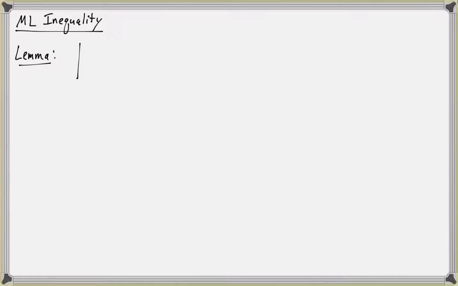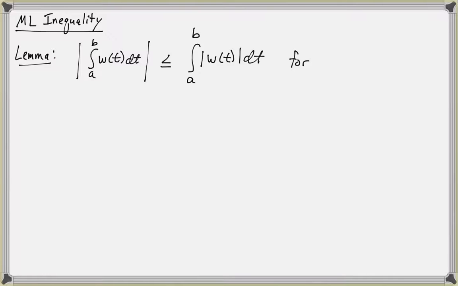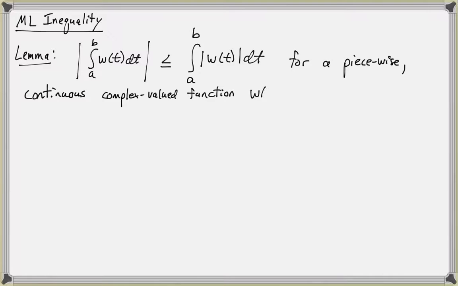So the lemma says that the absolute value of the integral of w(t) over the interval from a to b is less than or equal to the integral from a to b of the absolute value of w(t), where w(t) is a piecewise continuous complex valued function, and t will be between a and b.